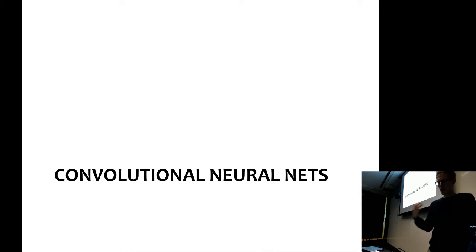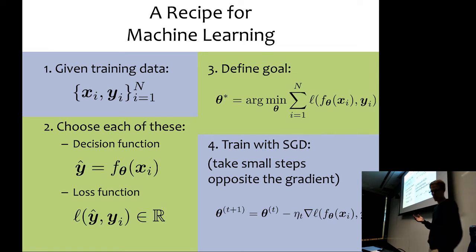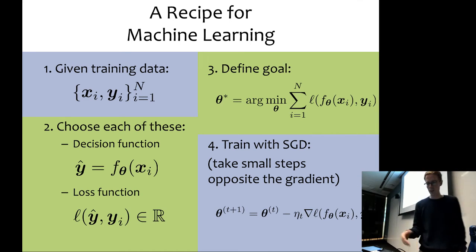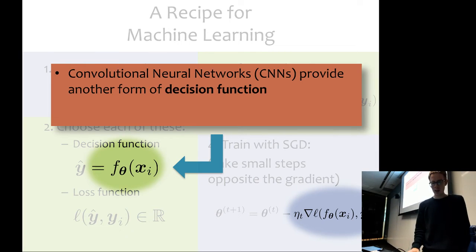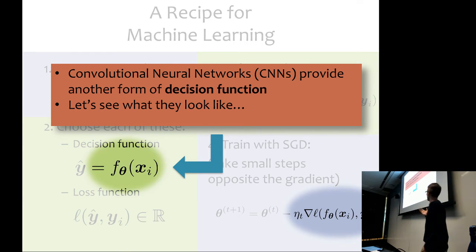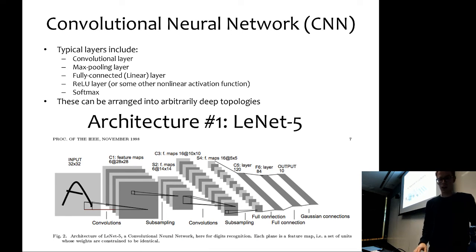Okay, so convolutional neural networks follow our usual recipe for neural networks, where we have some training data, we choose a decision function and a loss function, and then train with stochastic gradient descent. But here, the decision function is provided in part by this convolution operator, and some of the parameters are the convolution itself.